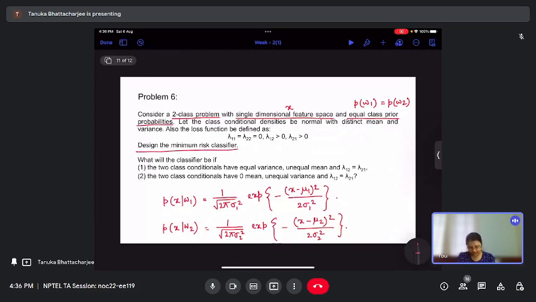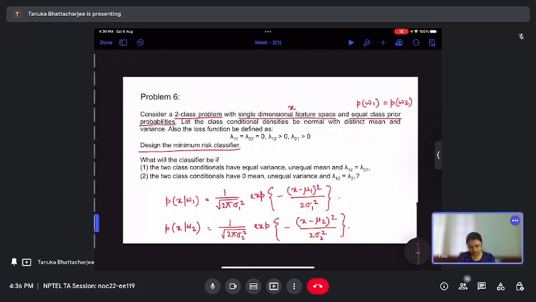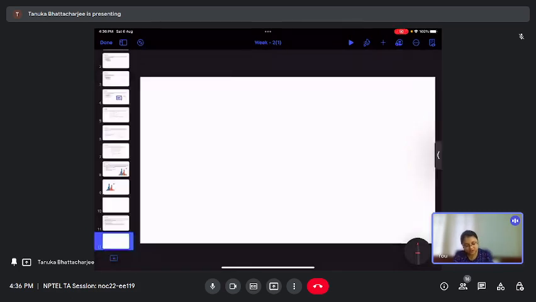Then we will have to design the minimum risk classifier. Now how to do that? As you know, the expression of risk is, let's say alpha i are the actions that we can take. Here we are considering two actions, alpha 1 and alpha 2. Alpha 1 means you are classifying the object as belonging to class omega 1 and alpha 2 means belonging to class omega 2.